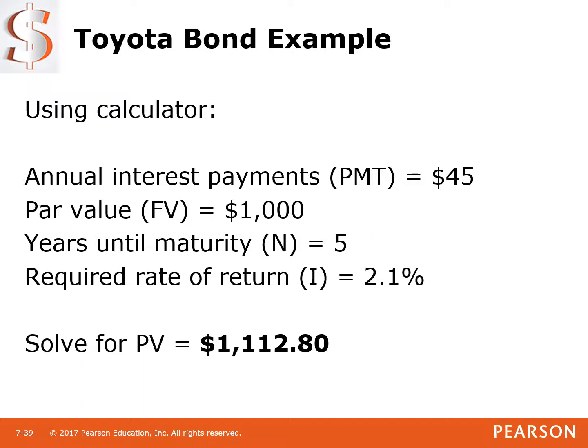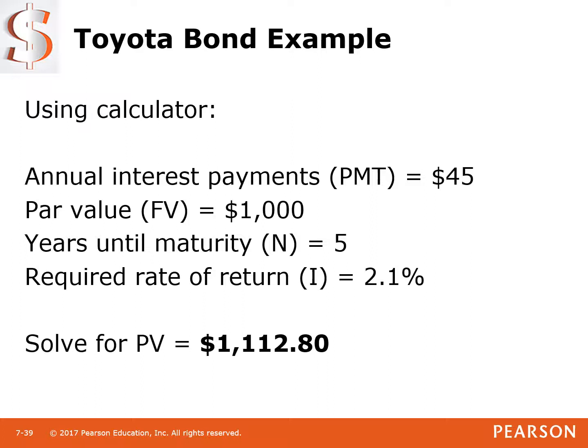So if I take the 901, plus my interest, I think it was 225, something like that. I was close. 221. I get the bond's value is $1,112.80.